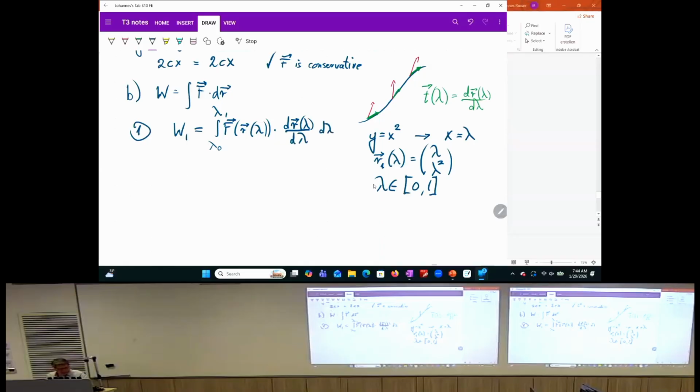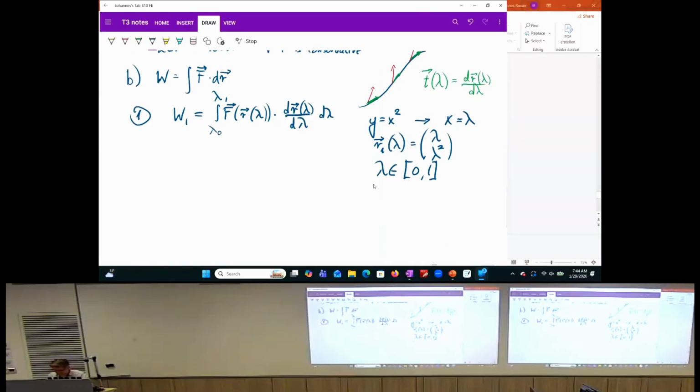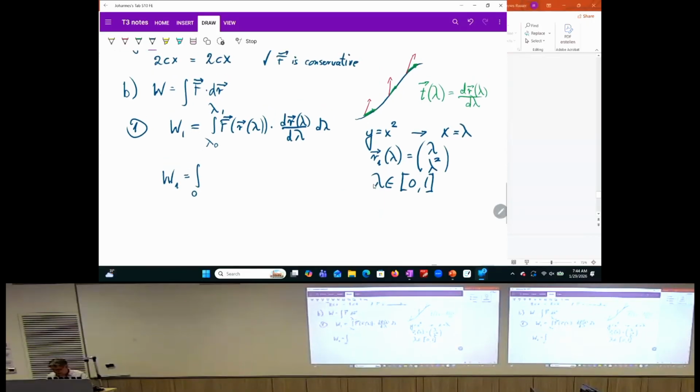So you see we have essentially nothing altered, but we have it adjusted to the new parameterization. Lambda, as you see here, runs from 0 to 1. So lambda 0 is 0 and lambda 1 is 1.